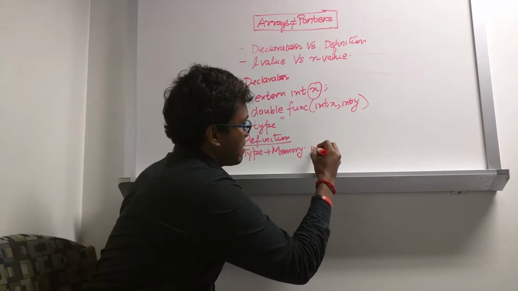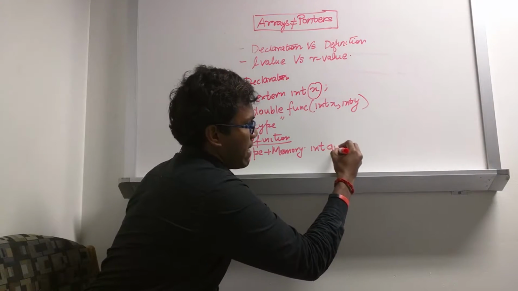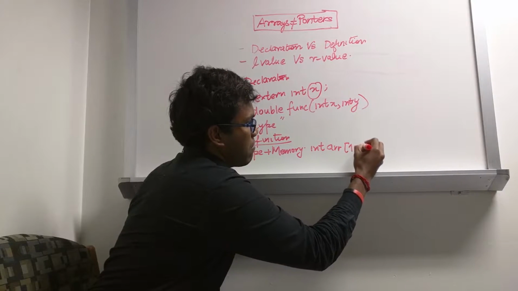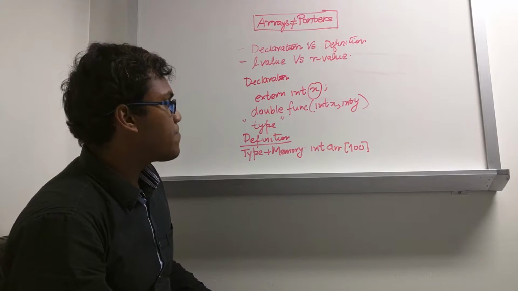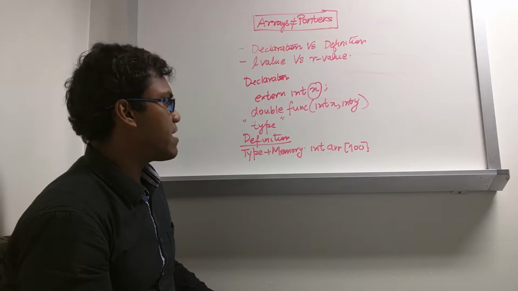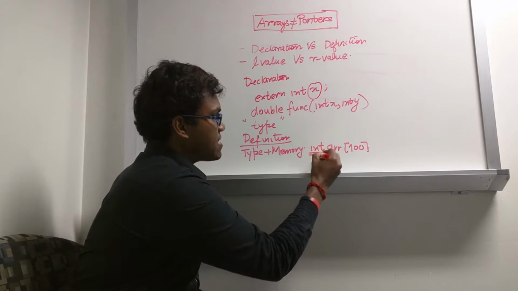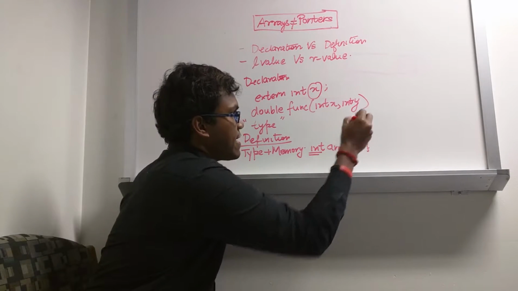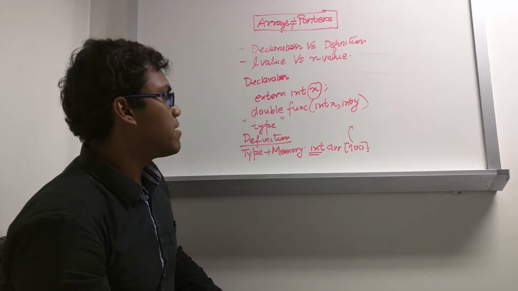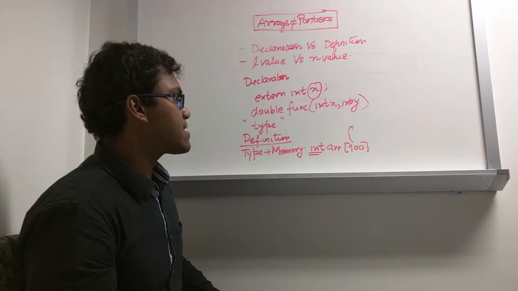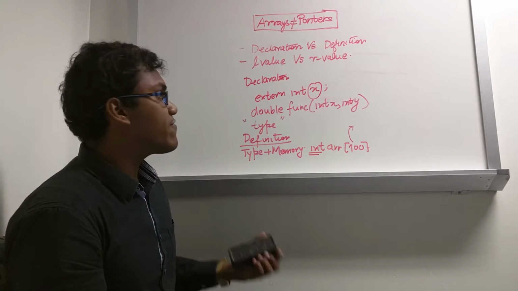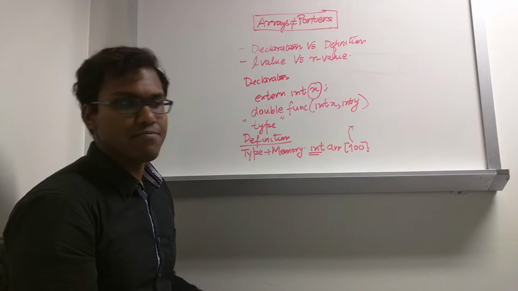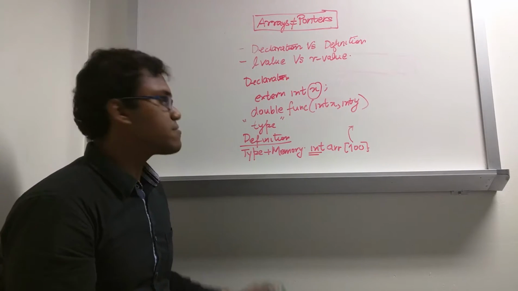you have something like int ARR of 100. What this tells the compiler is that ARR is an integer array that is specified by this, and it has 100 things in it. So it has 100 integers in this case. And what the compiler now knows is that it will need the space of 100 integers because we have to store 100 integers.